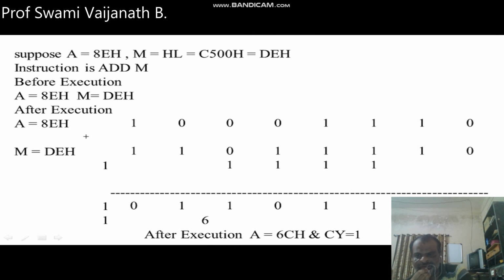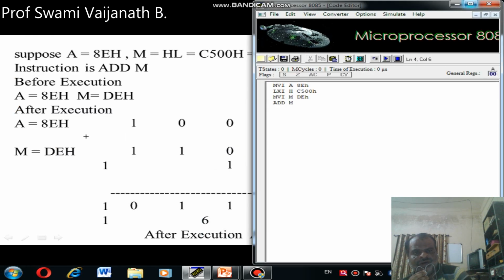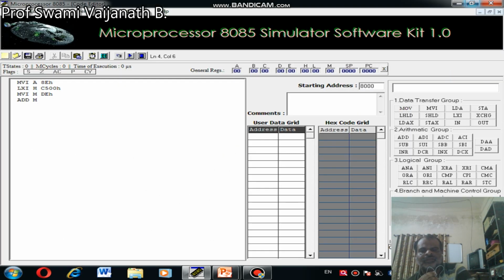Then whenever this is added, after addition the accumulator is equal to 6CH and carry is affected by 1. See practically here, I take all these things here.